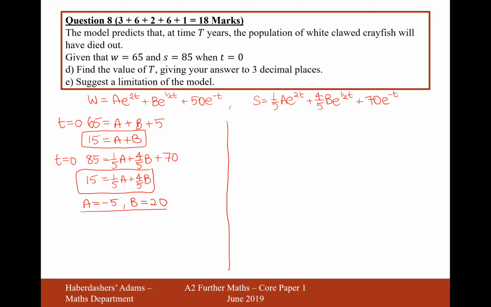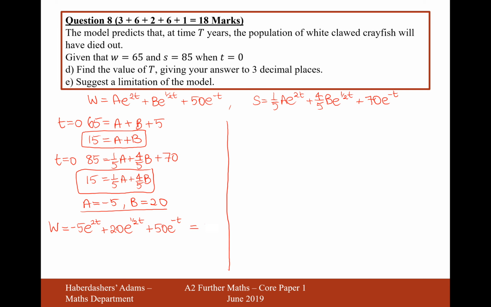So therefore, now we need to work out the time at which the white-clawed crayfish will have died out. So going back to this W equation here, W equals minus 5e to the 2t plus 20e to the half t, and then plus 50e to the minus t.